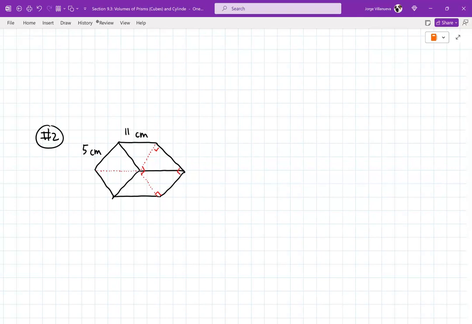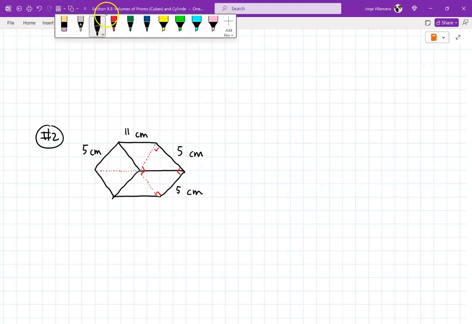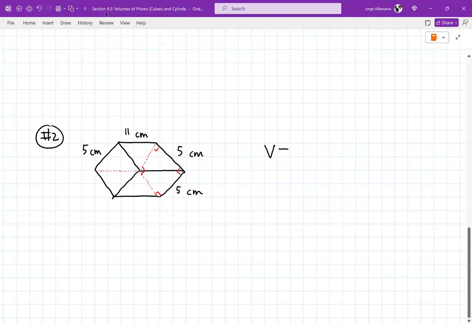None of this stuff is to scale, so. We'll give you a little bit of time to write that out. We know our volume is equal to length times width times height. So I'll put that right there.